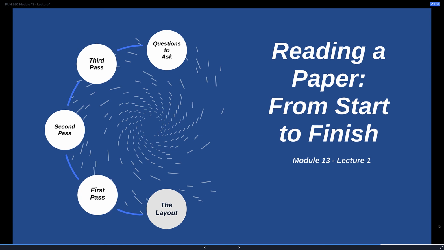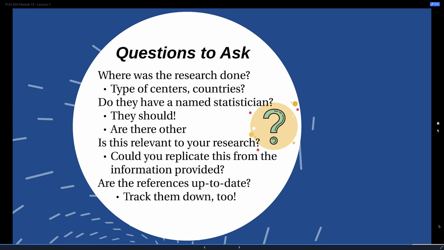And at the end of it, you should be able to ask or answer these questions. Where was the research done? What types of centers, what countries? Is this research going to be applicable to my research? Also look to make sure if they have a named statistician. They should. So you can look at the author information and see if there's somebody with statistical training.